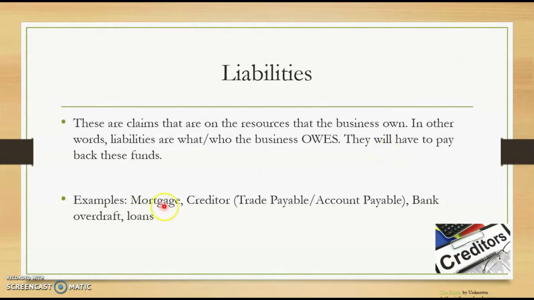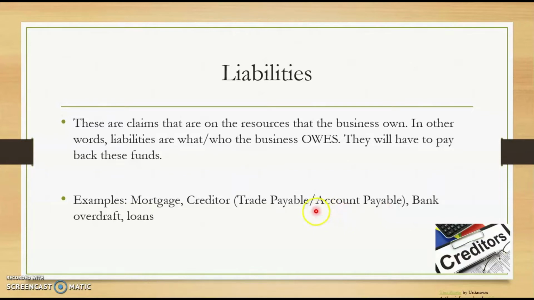So like, for example, a mortgage. This is a loan that you have taken out that takes many years to pay back, 15, 20, 30, 40 years, for a building. So it's a building loan. Your creditors, also known as trade payable, accounts payable. These are the persons, your suppliers, who you bought stock from on credit.